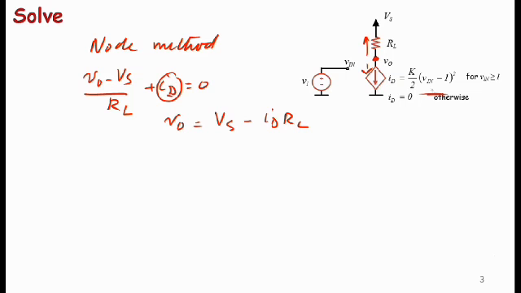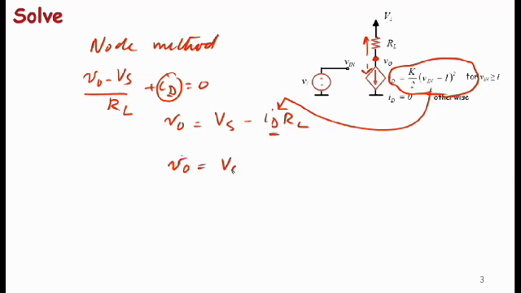So now let me go ahead and substitute for ID. I'm going to substitute this expression for ID into the expression here, and that will give me V naught equals Vs minus k divided by 2 times (V in minus 1) whole squared times RL, and this is for V in greater than or equal to 1 volt.